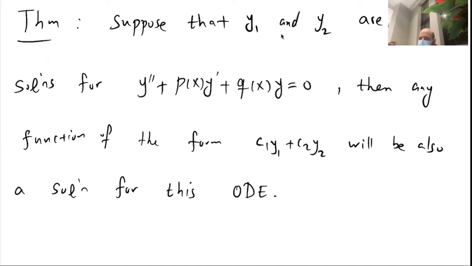Once we have two solutions for this ODE, and I still haven't explained how we can get two solutions, but let's assume for the moment that we have access to two solutions, then any function of the form C1 y1 plus C2 y2 will also be a solution for this ODE. And C1 and C2 here are arbitrary constants.